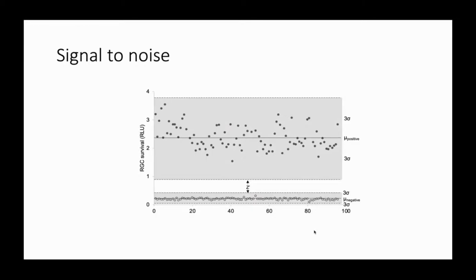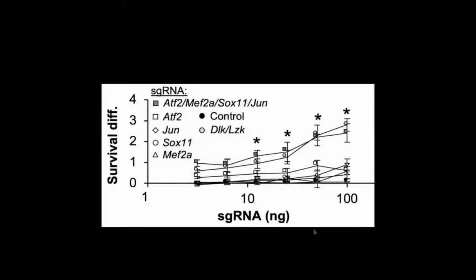So we've used that technology now to validate various target genes. I think I have a slide on that here. What you're seeing here are Cas9 retinal ganglion cells isolated in vitro, in which we have created in vitro transcribed gRNAs against various targets, ATF2, MEF2A, SOX11, and Jun, and shown that when we add these individually, we don't see much increase in survival, but when we knock them out in a combinatorial fashion, we see relatively nice survival in vitro.